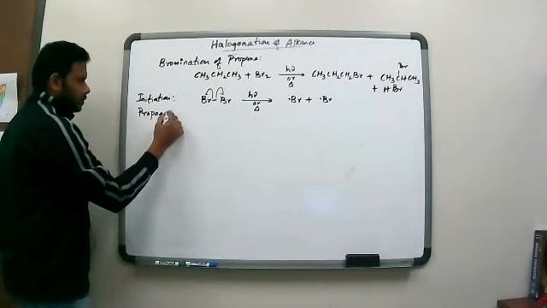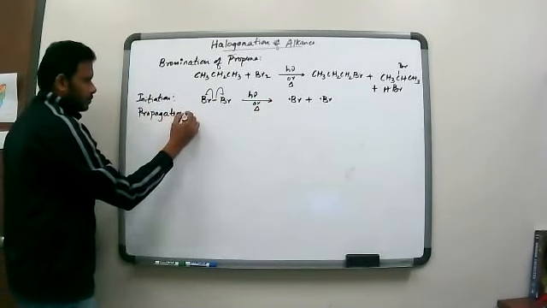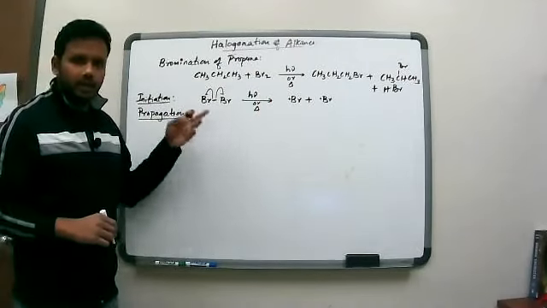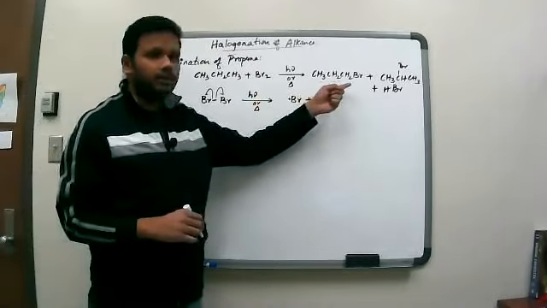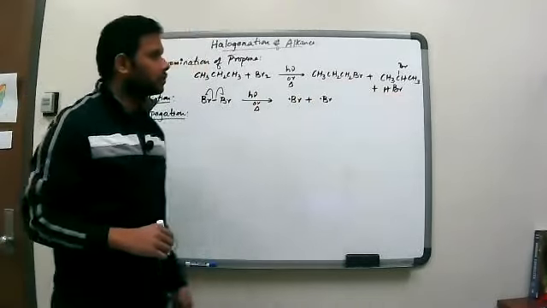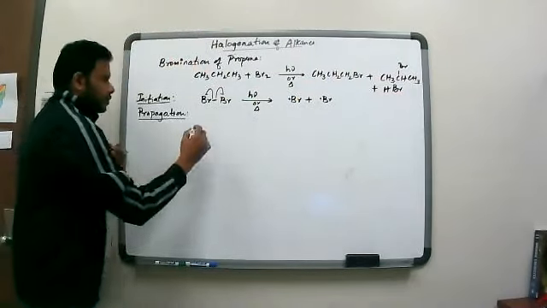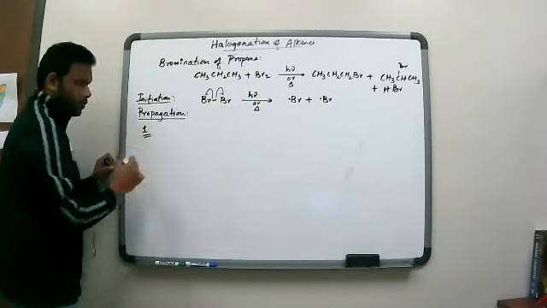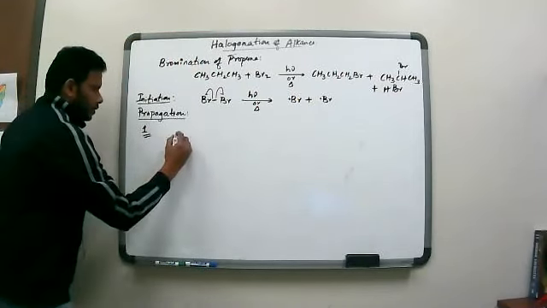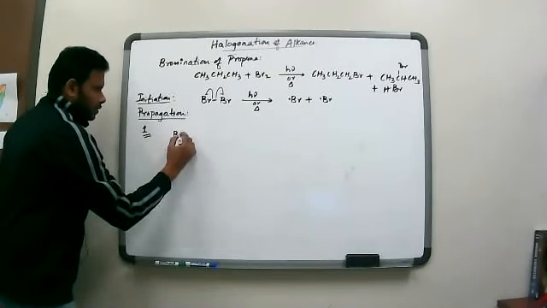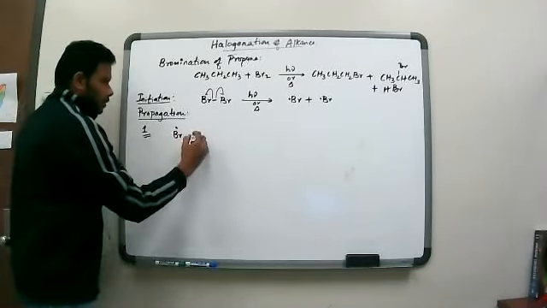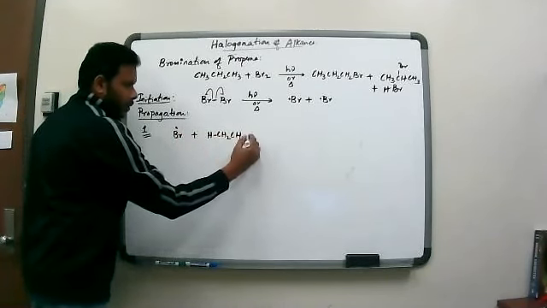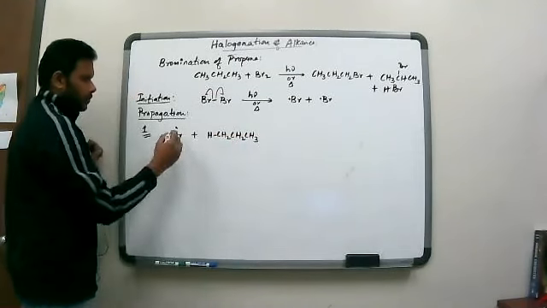Propagation step, okay. Propagation step again has two possibilities because we need to make the 1-bromopropane and we also need to make the 2-bromopropane. So the first propagation step, our possibility is the bromine radical reacts with a primary carbon-hydrogen bond.